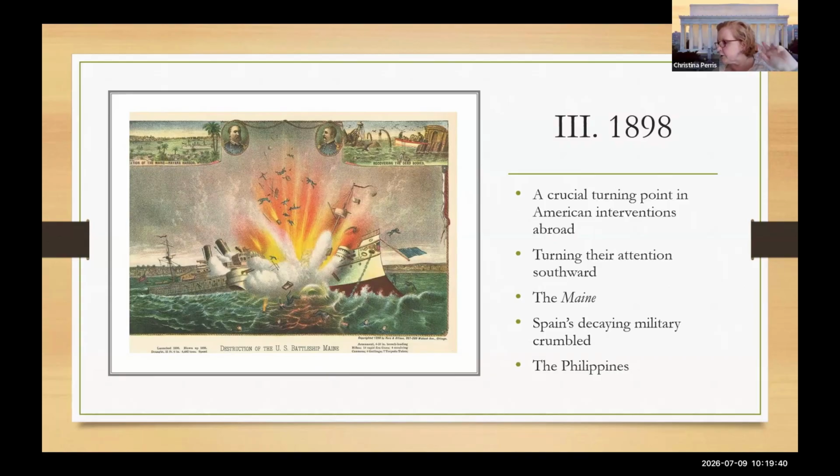Capitalizing on the outrage, yellow journals, newspapers that promoted sensational stories, notoriously at the cost of accuracy, such as William Randolph Hearst's New York Journal, called for war with Spain. When urgent negotiations failed to produce a mutually agreeable settlement, Congress officially declared war on April 25th. So, ultimately, we have war declared.